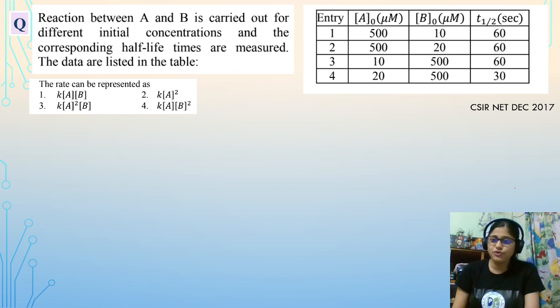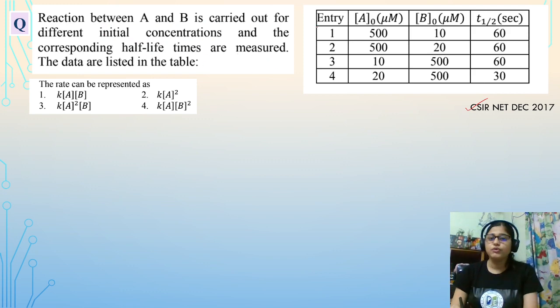This also came in the CSIR NET December 2017 exam. This is also a very important question. A reaction between A and B is carried out for different initial concentrations and the corresponding half-life times are measured.